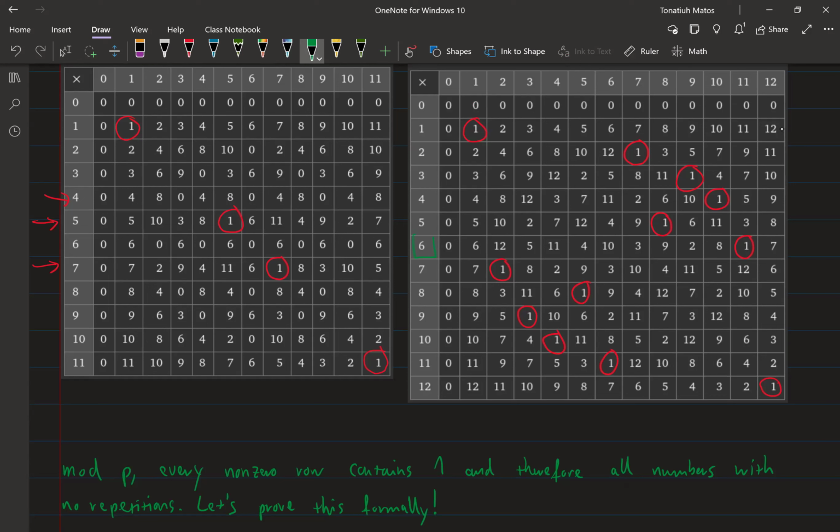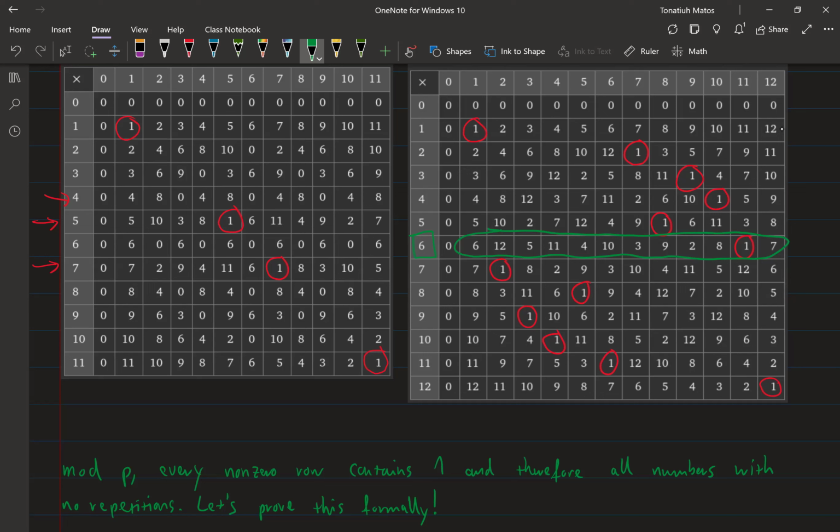Let's say that you're fixated on the number 6. I want to multiply all the numbers in the row number 6. Of course, I have to exclude 0 because that doesn't make any sense, it will just be 0. So what happens if you multiply those numbers together? That's the multiples of 6 mod 13.